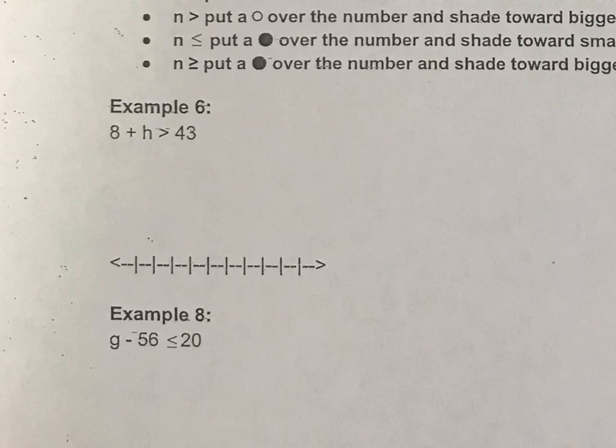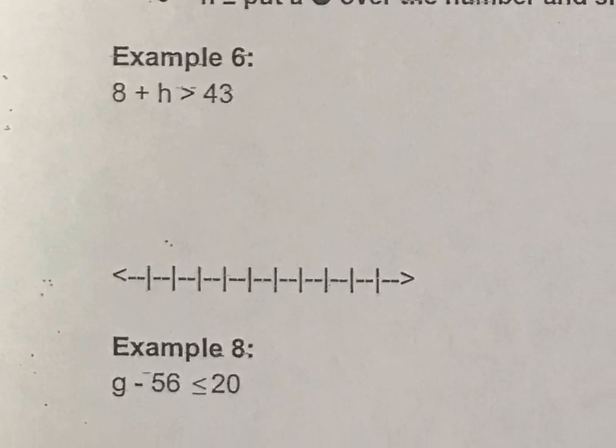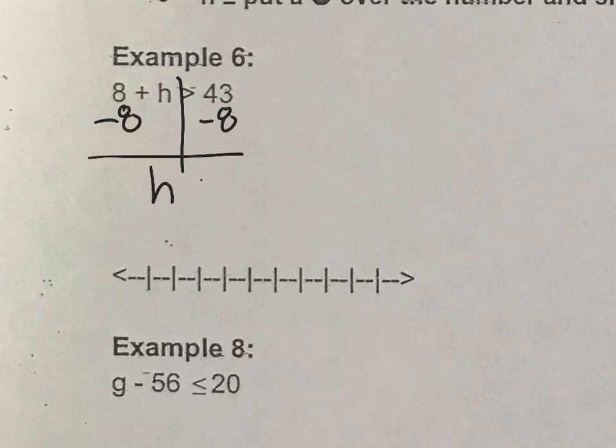Okay, right here. Now we're going to graph these. So that's where we needed to get to. So right here, we're going to subtract 8. So H equals 35 and it's greater than.